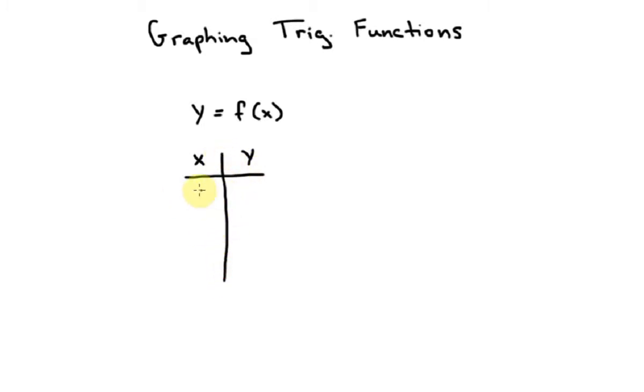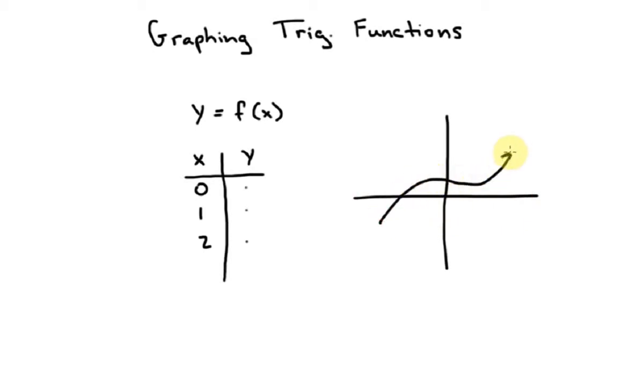Whatever x is, we plug in things like this, and then we figure out what the y values are. Then we go, hey, these are just points that we can now put into our picture. We plot these points, and we've got a graph. That's the procedure of drawing a graph of any function.